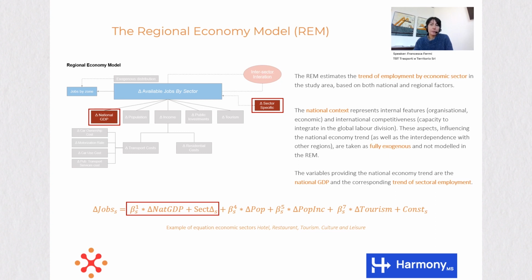For the purpose of the model, these are taken as fully exogenous and not modeled endogenously in the regional economy model. More in detail, the variables providing the national economy trend are the national GDP and the corresponding trend of sector employment, which is highlighted in the first part of the general equation reported below.